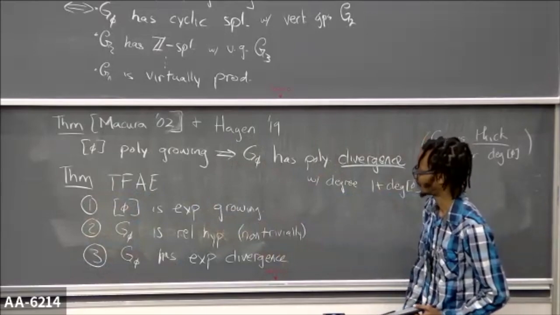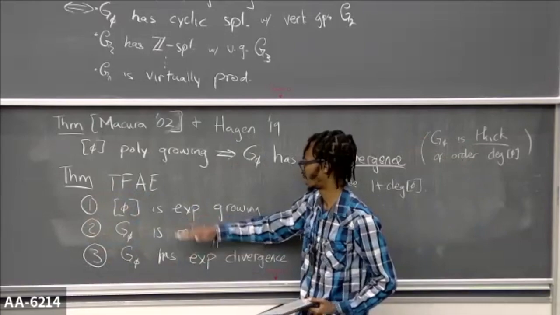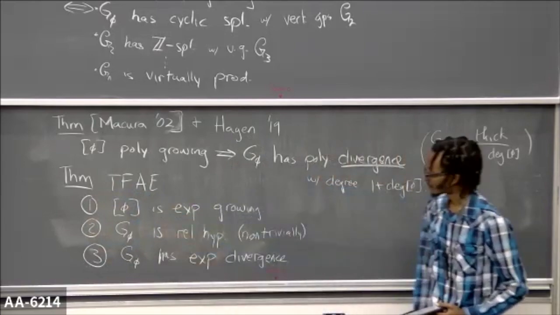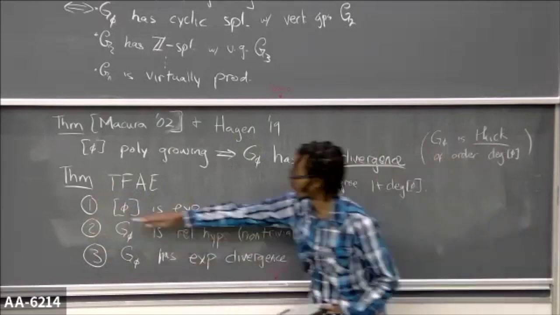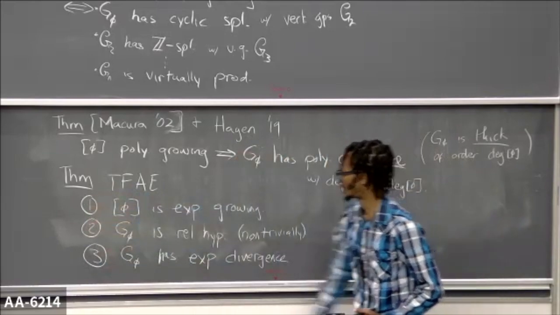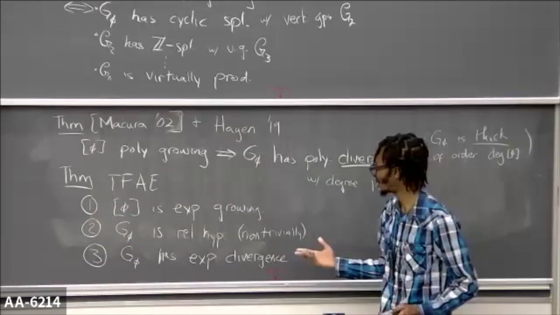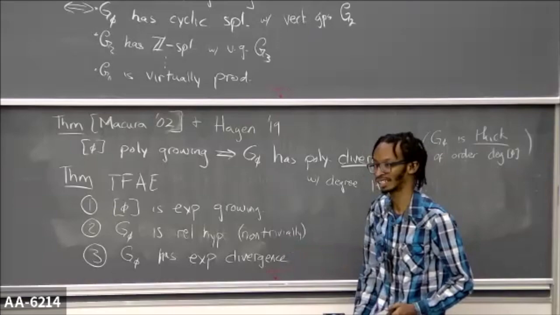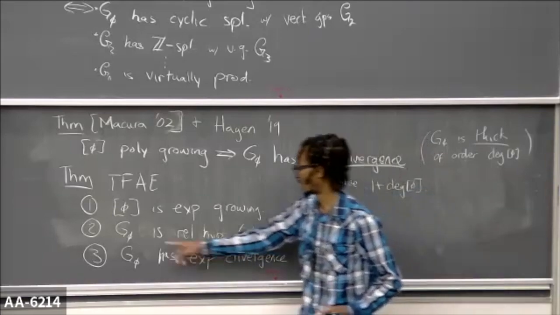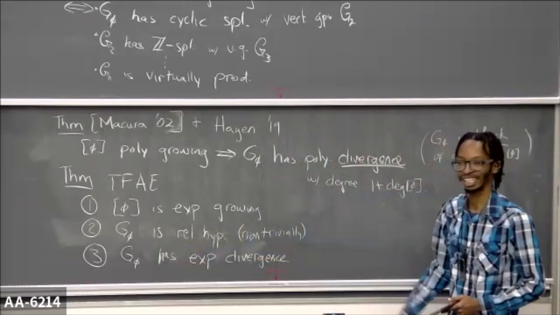And there were independent proofs by Damani Lee and Pritam Ghosh, proving 1 implies 2. And then 2 implies 3 seems to be folklore, but there's notes by Alessandro Sisto that sort of write this down, but I don't think it's published anywhere.